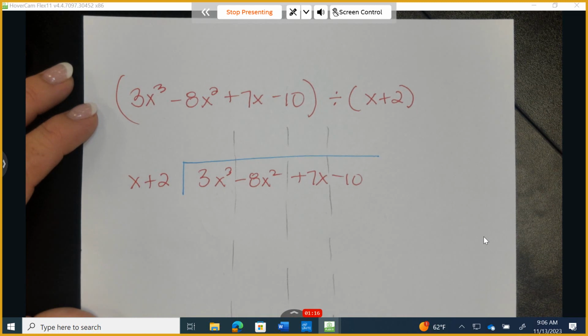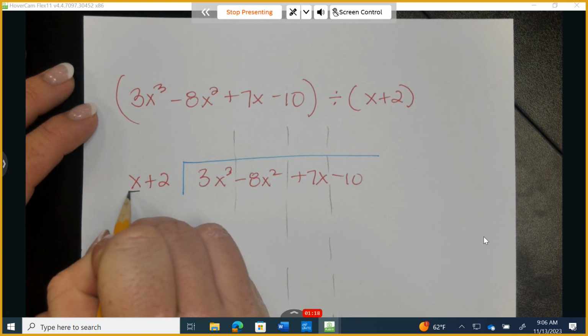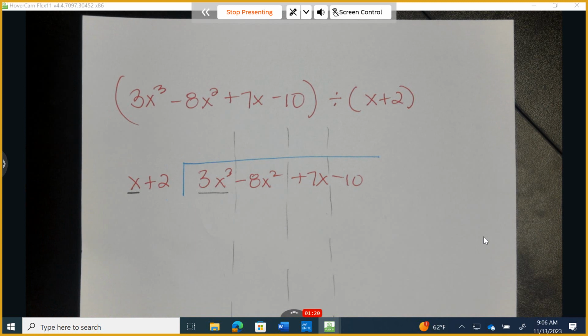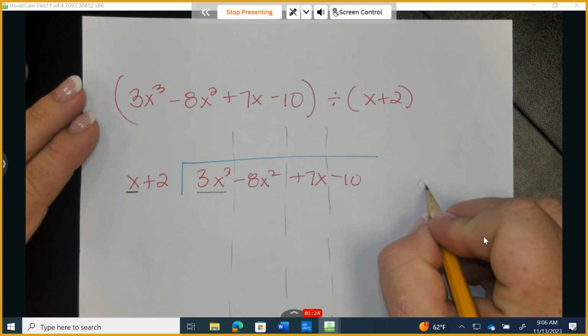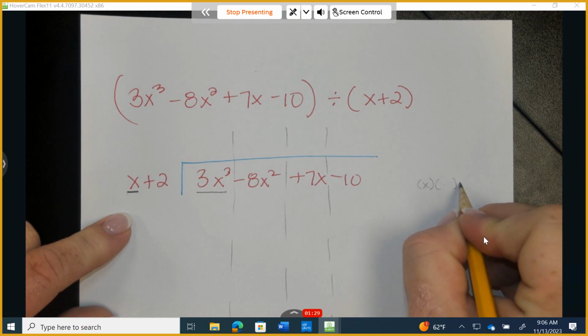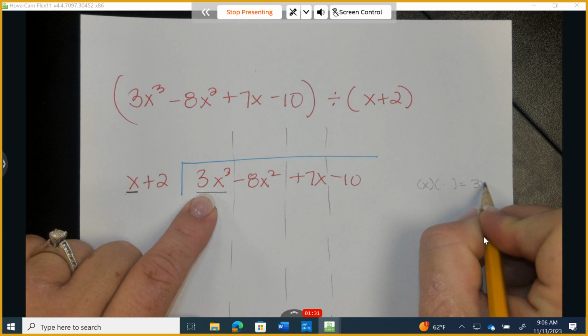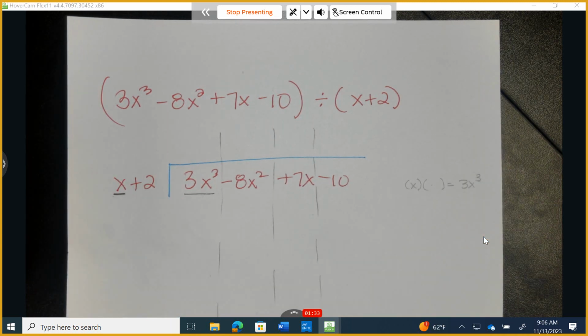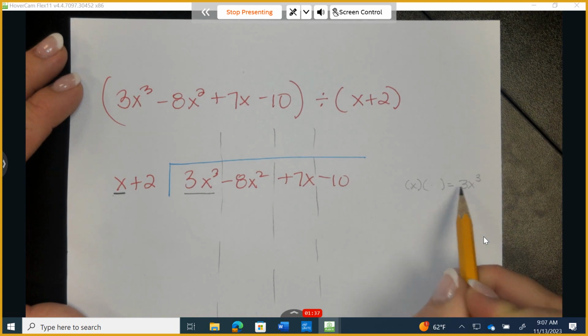Please underline the outside x and the inside 3x cubed. In my head, this is how I process it. I know I have an x on the outside. I need to figure out what term I should multiply it by to end up with 3x cubed. So if I was teaching this for the first time like I did on Friday, I would say 1 times what quantity is 3?